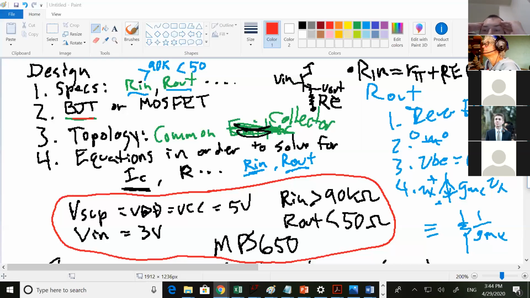But if you try it and it works, for these transistors, I think they start at 1 milliamp. So I think 1 milliamp is the lowest current you can actually use with these transistors and make them happy. So let's choose 1 milliamp then.